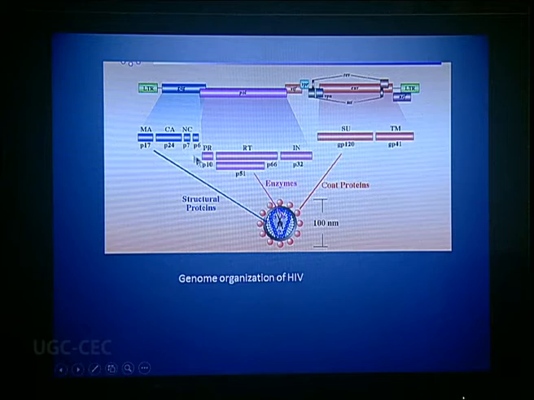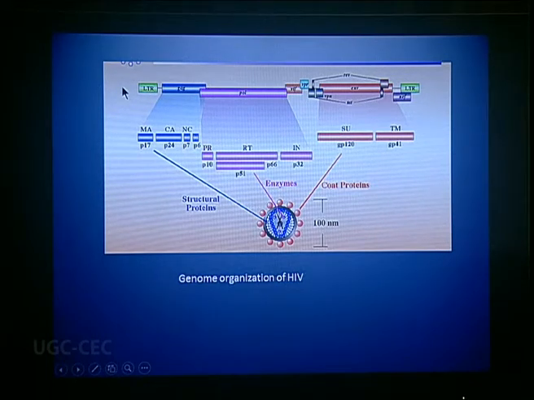The genome has specific genes or specific sites. You can see these sites which are P17, P24, P7, P6. Here it is P10, P51, P66, P32, and then there is GP120, GP41. But broadly, the gene has long terminal repeats on both sides.